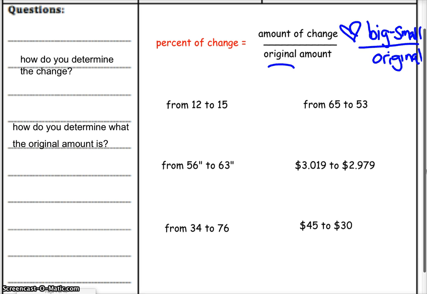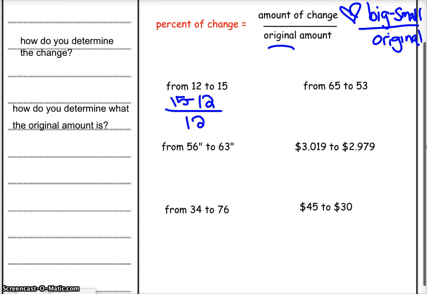According to my formula, I'm going to go the big number, take away the small number, over the original. What's the original? 12. Which is 3 over 12. Put that into a percent. It's a percent change. So what is that? 25%. 25% increase or decrease?